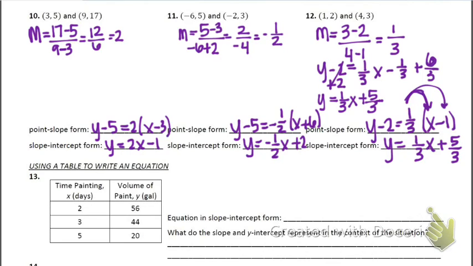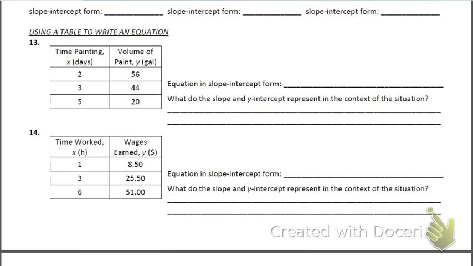Okay. So how do we write an equation using the table? This table shows how much time it took to paint a room, I'm assuming, and the volume of the paint left in the bucket. So what do you notice as time goes on?